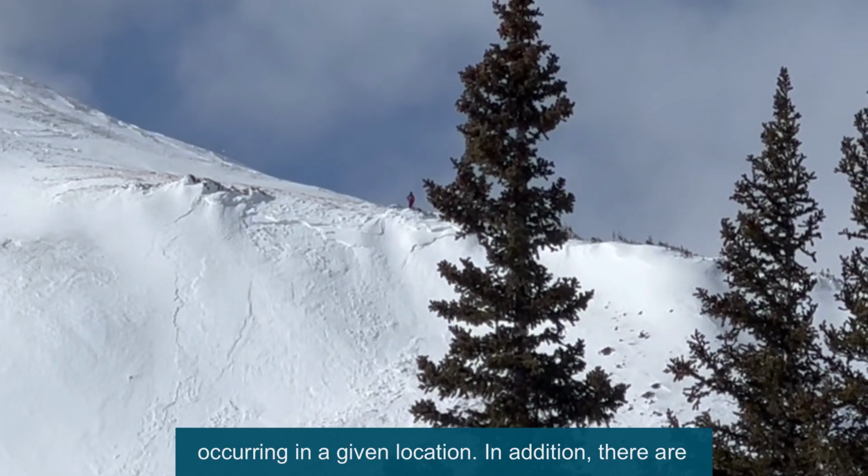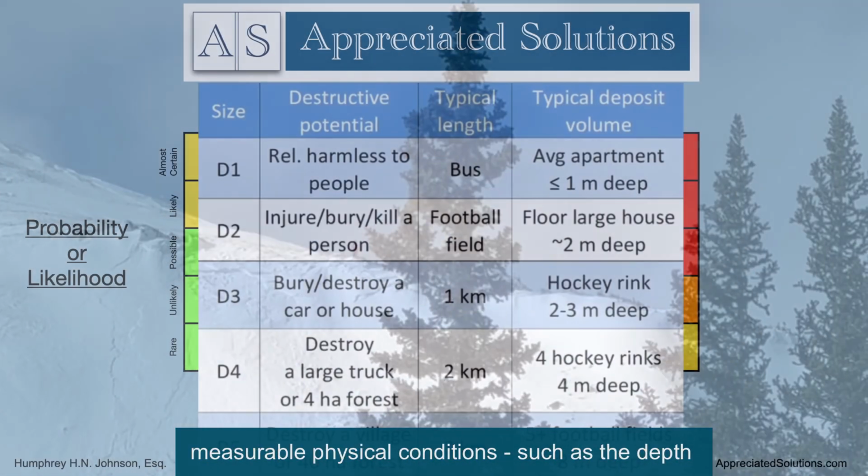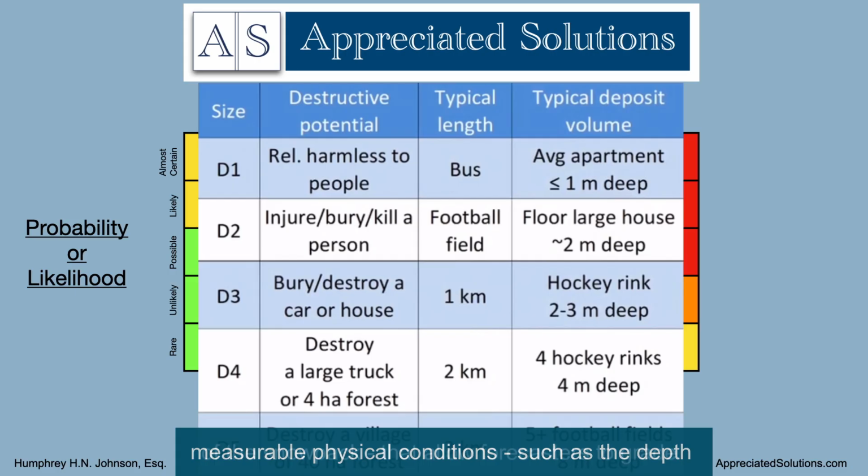In addition, there are measurable physical conditions, such as the depth of the snowpack, that allow forecasters to grade the consequences of any avalanche that may occur at that location.